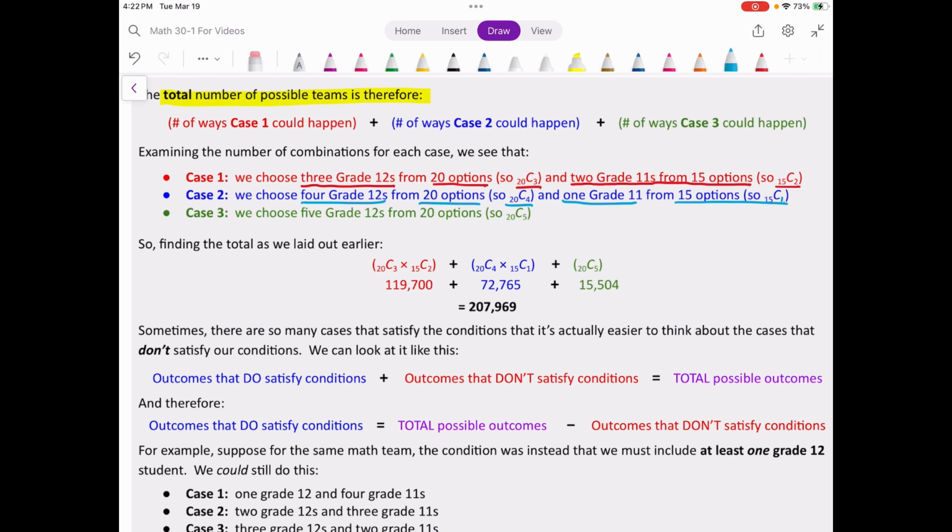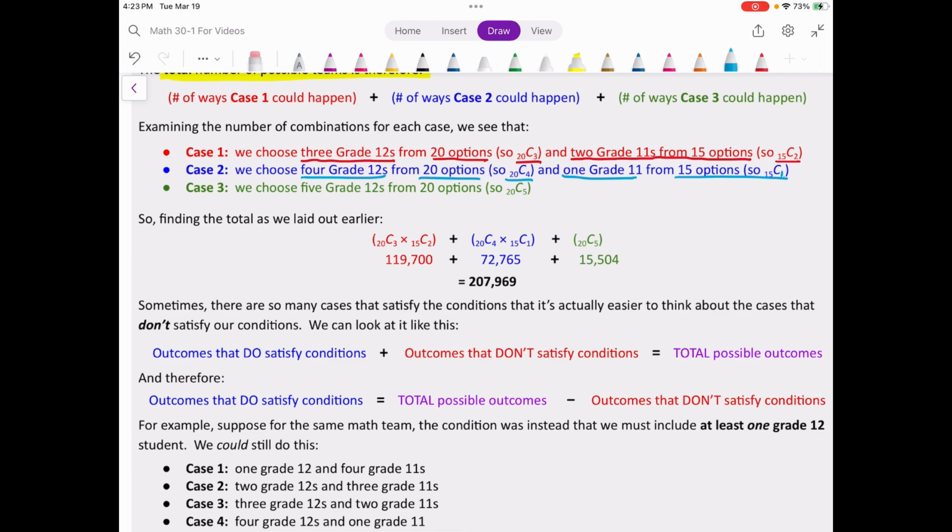Okay. So we could do 15 choose 1 for that. And then we multiply those together. How many ways to choose the grade 12s? Times, for each one of those, there's 15 ways to choose, or 15 choose 1, which is 15 ways to choose the grade 11. So multiply them together, and that gives us the total number of ways we could build the team if it has 4 grade 12s and 1 grade 11.